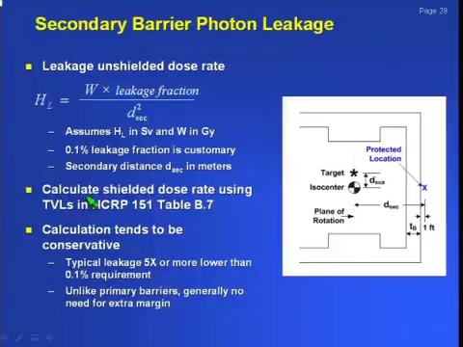You calculate your shielded dose rate using your TVLs in NCRP 151, and those are in table B7. Your calculation tends to be conservative. I would say at least 90% of our calculations for scattered radiation, we are calculating that we need more than we actually need when we do the safety surveys.